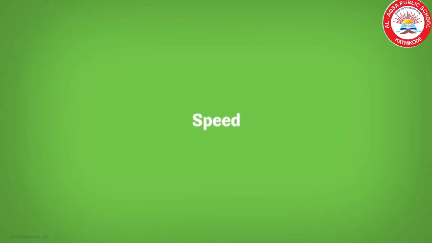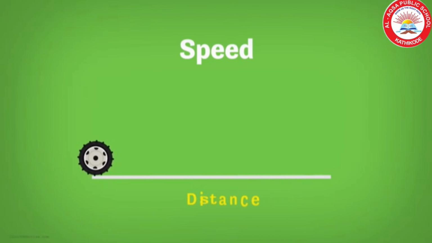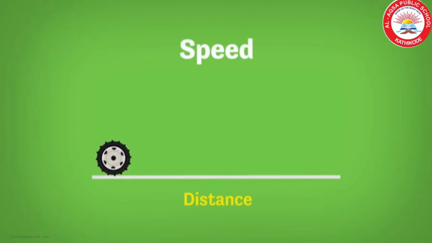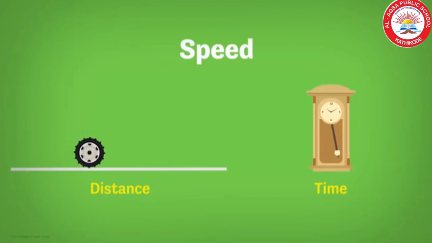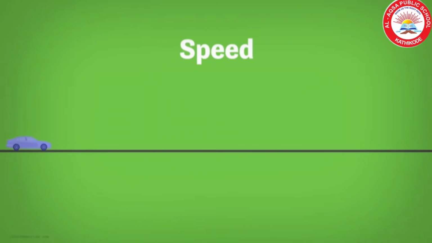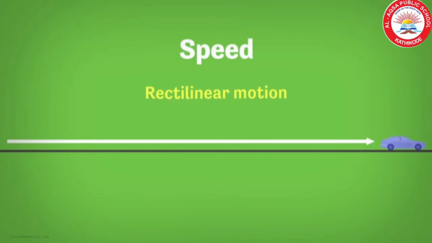Yes, to calculate the speed, we have to consider two things: the distance covered by that object and the time taken. So, distance and time. Here we can take one example. Consider a car that is moving. This movement we can say is a rectilinear motion.